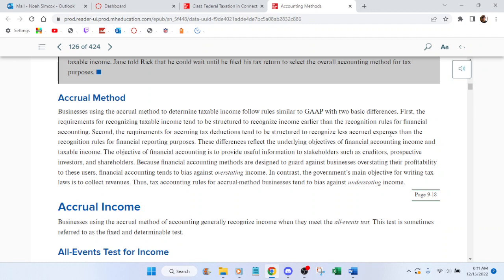Dude, this chapter, look at how long I have to read. Look at this, all the way down. This is going to take forever. Wow, that was fun.